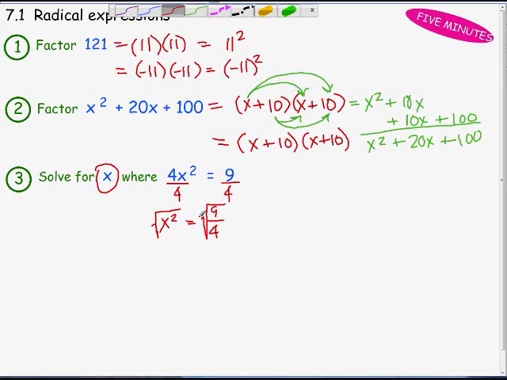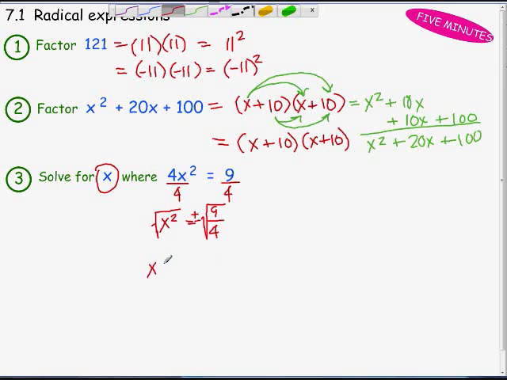However, there's an extra wrinkle here. We have to think about the fact that this could be either positive or negative. Because if we square something which is negative, it becomes positive. So anytime we do something like this, where we take the square root of something, on the other side of the equation, we have to say plus or minus.